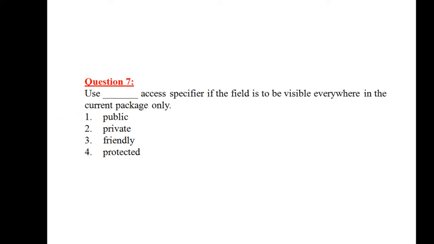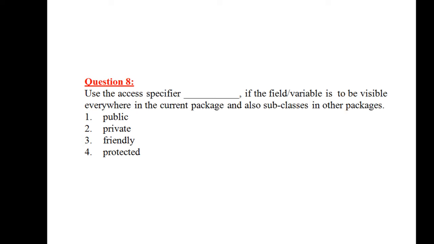Question number 7. Use dash access specifier if the field is to be visible everywhere in the current package only. The right answer would be friendly. Question number 8 is use the access specifier dash if the field or variable is to be visible everywhere in the current package and also subclasses in other packages.